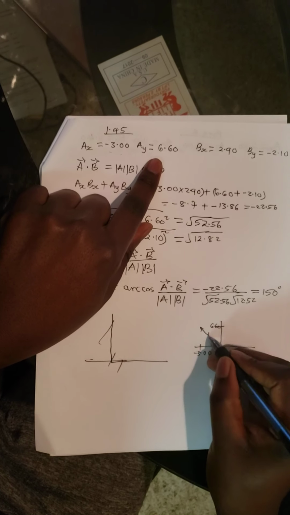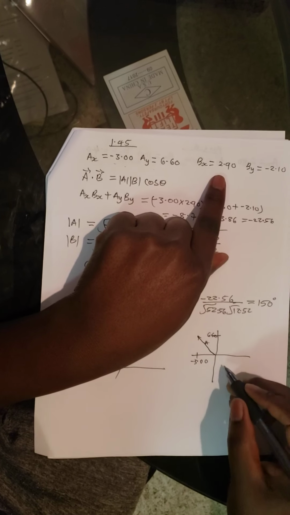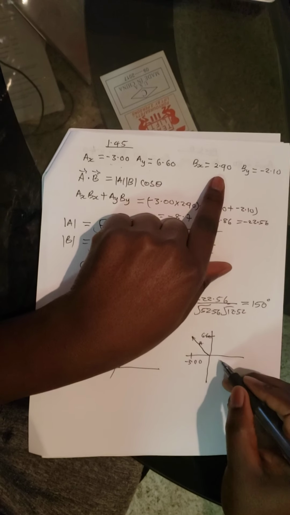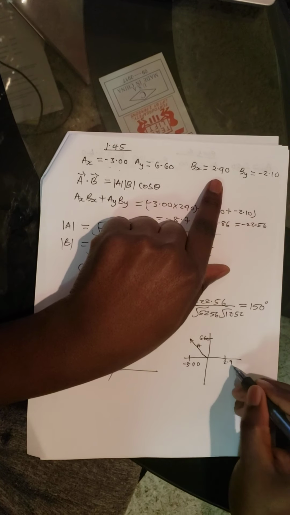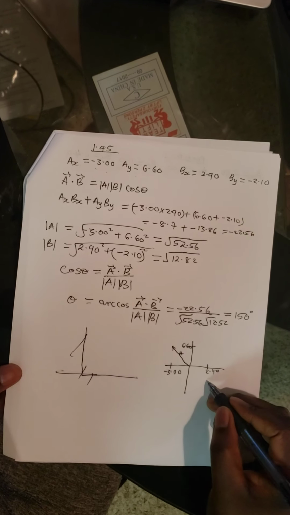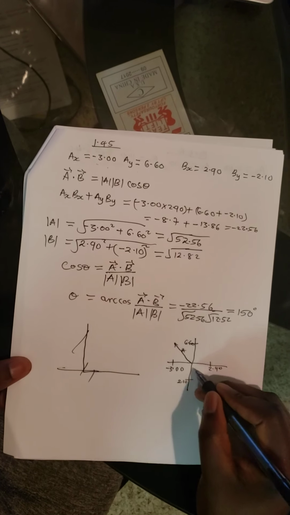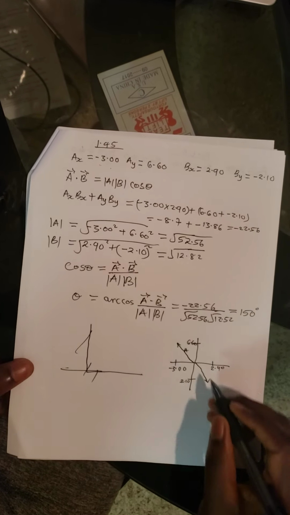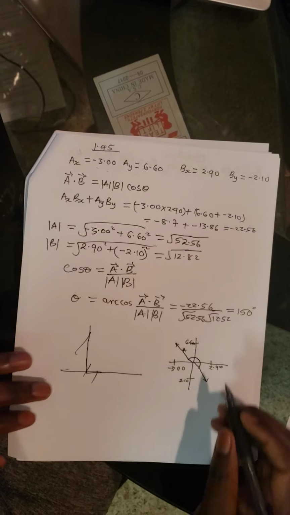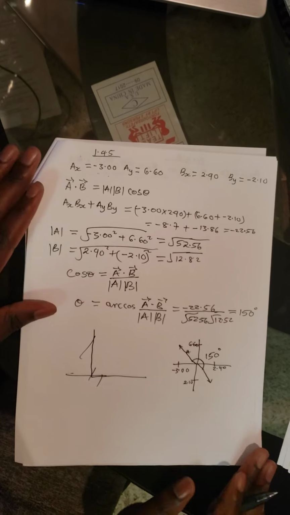Then if I draw vector B, the x component is positive, let's say 2.90, and the y component is negative 2.10, somewhere here, and that vector comes this way. The angle between those two vectors is approximately 150 degrees, and that's it for part A.